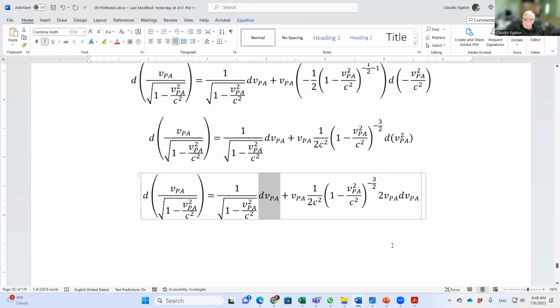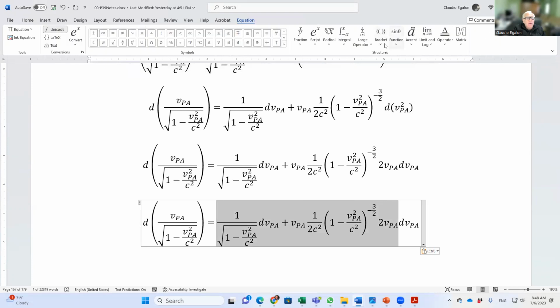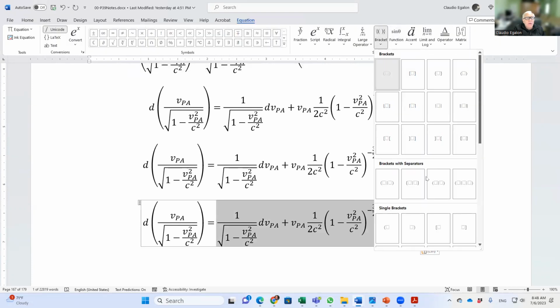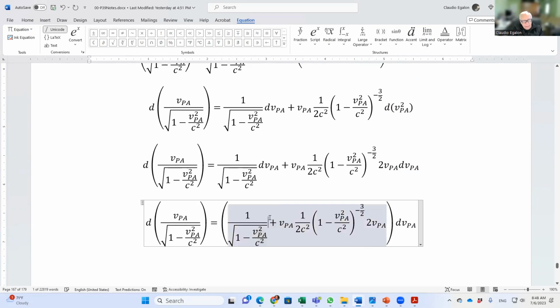Let's see if we can simplify that further. Hopefully we can. The first simplification that we can do, an obvious one, is collection, the factorization of DVPA. That's the first one.